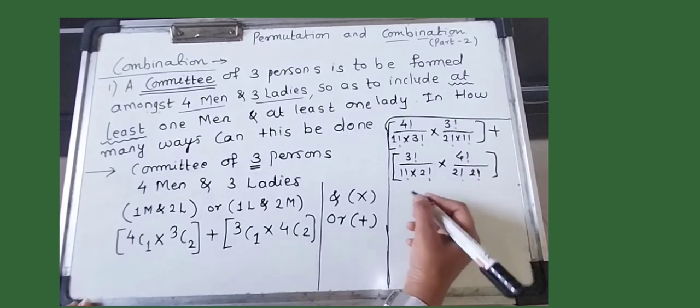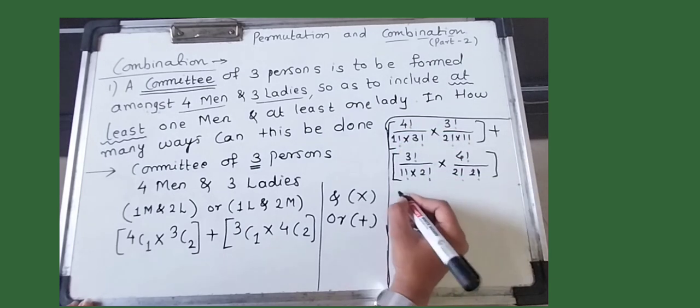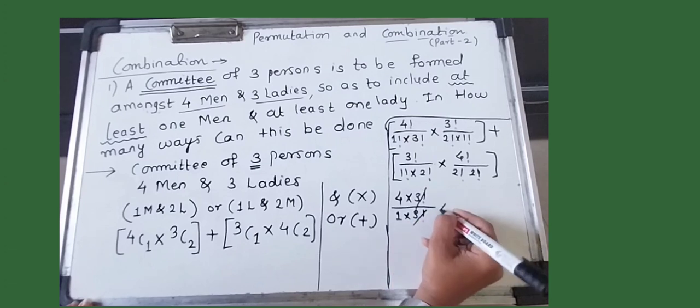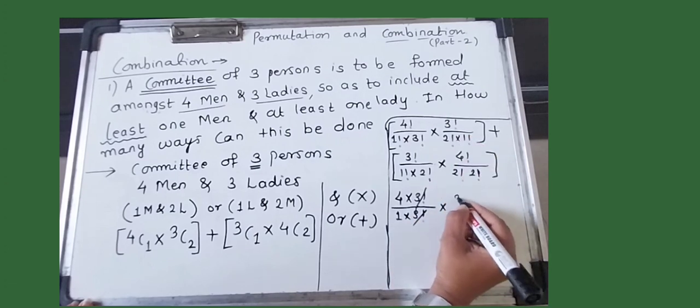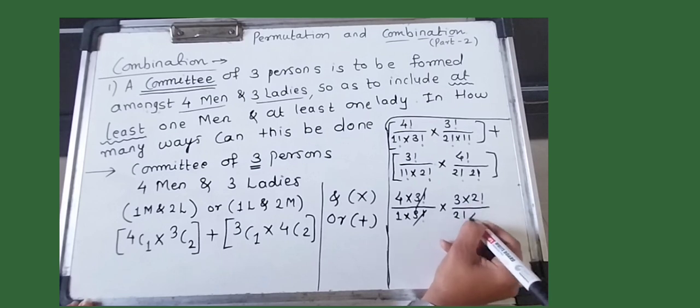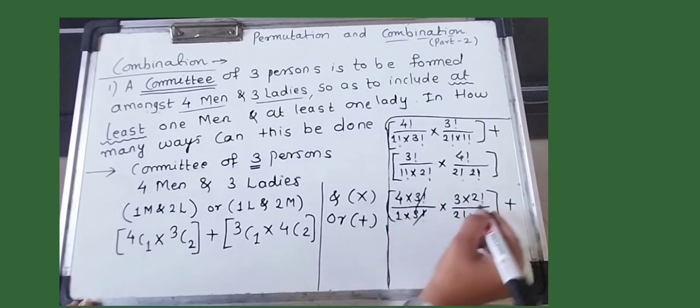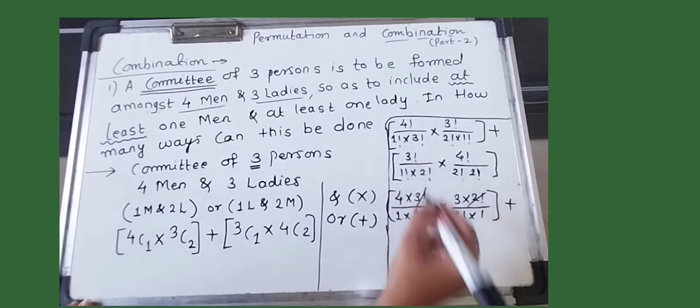Okay. Solve it. Here 4 factorial, I write 4 into 3 factorial. 1 factorial means 1 into 3 factorial. 3 gets cancelled. Here 3 into 2 factorial, and 1 as it is. Plus sign. So 2 gets cancelled.